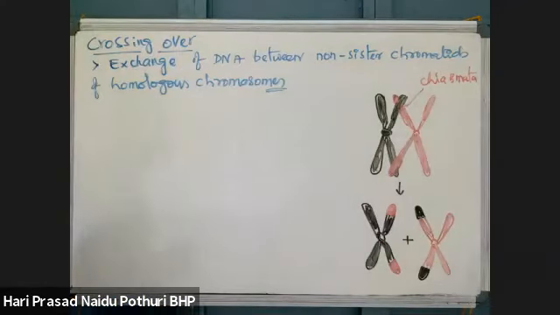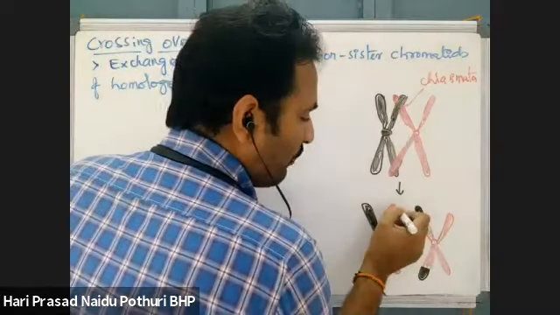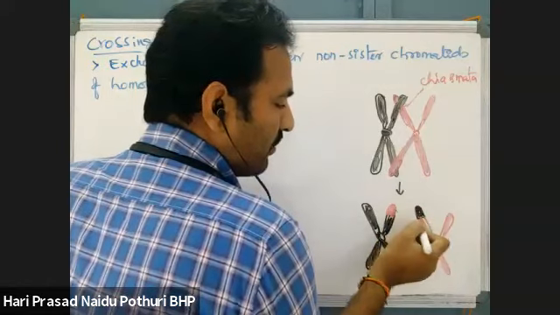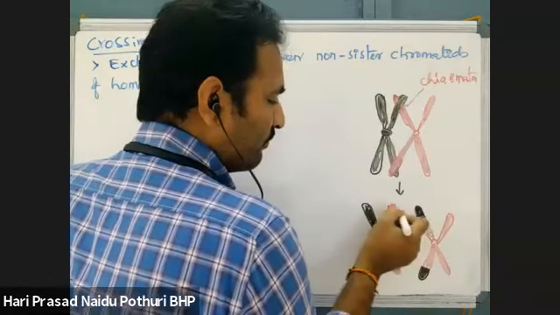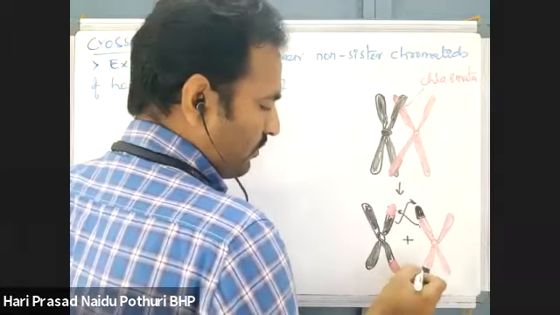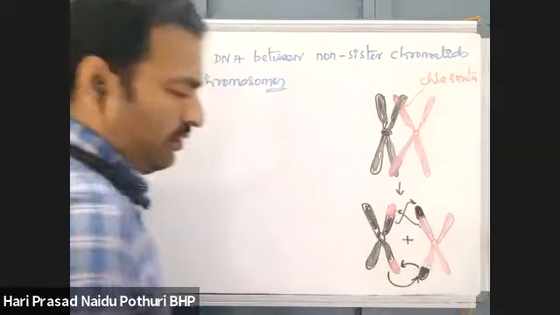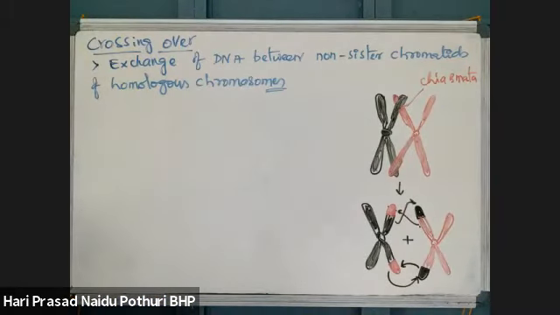Tell me what happened here. A part of DNA is exchanged from this chromosome to here, and from here to there. Exchange of DNA has taken place between chromosomes. Which chromosomes?